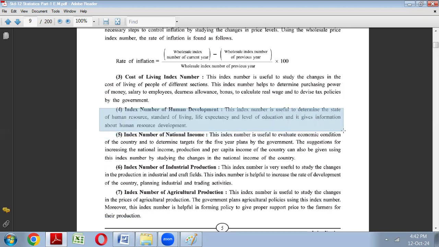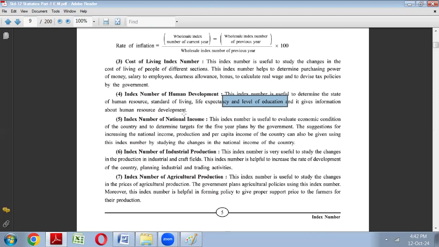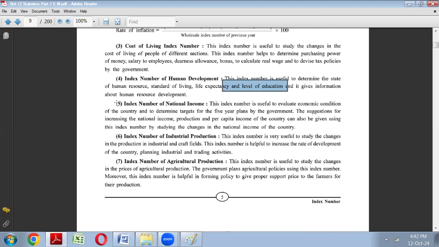Then even the index of human development is also possible by way of index number: what is the standard of living of the people, what is the life expectancy, what is the level of education. Right? You might have studied this in the second chapter of economics, 12th standard, that is economic growth and economic development.